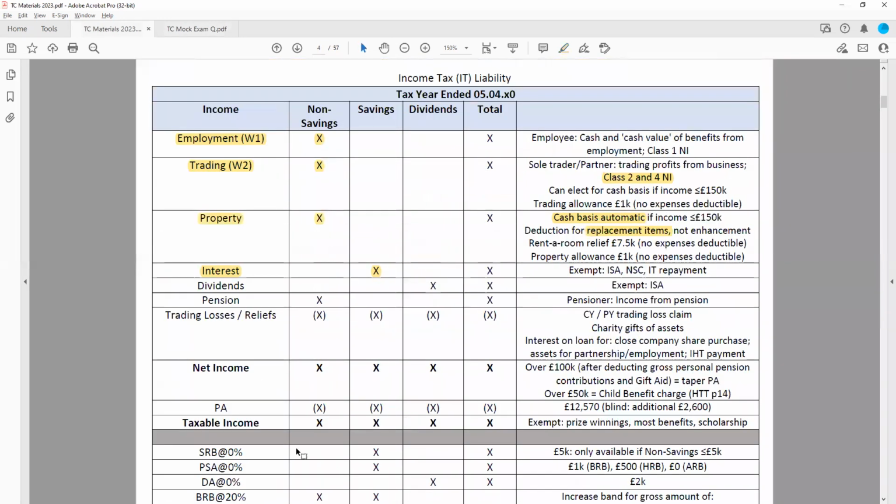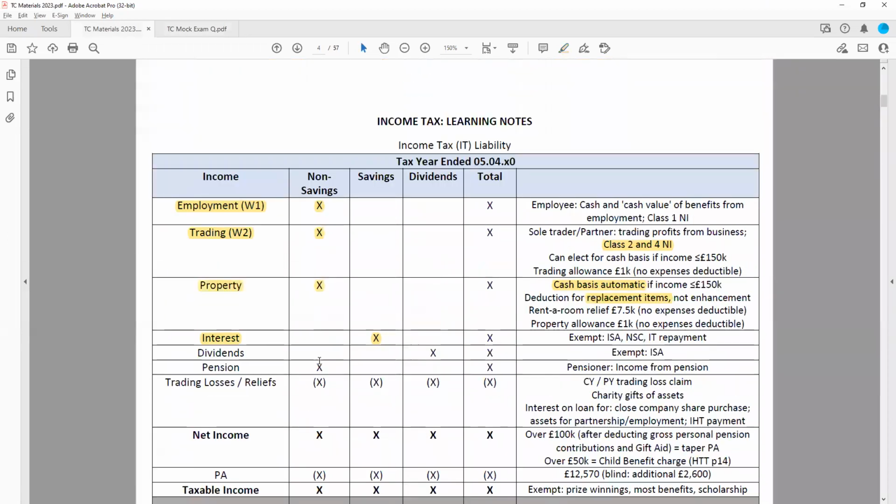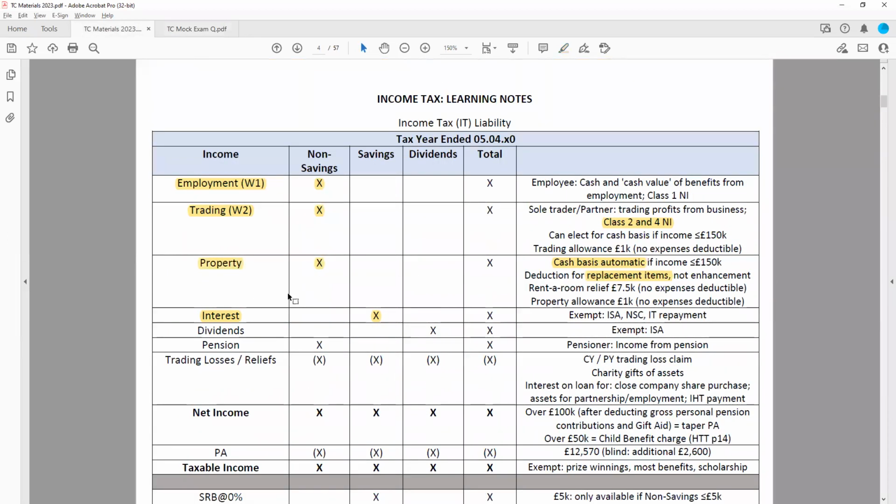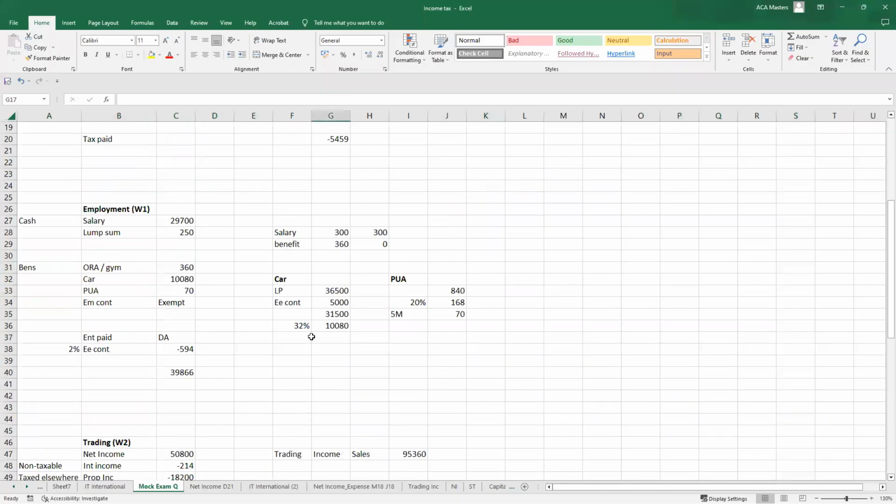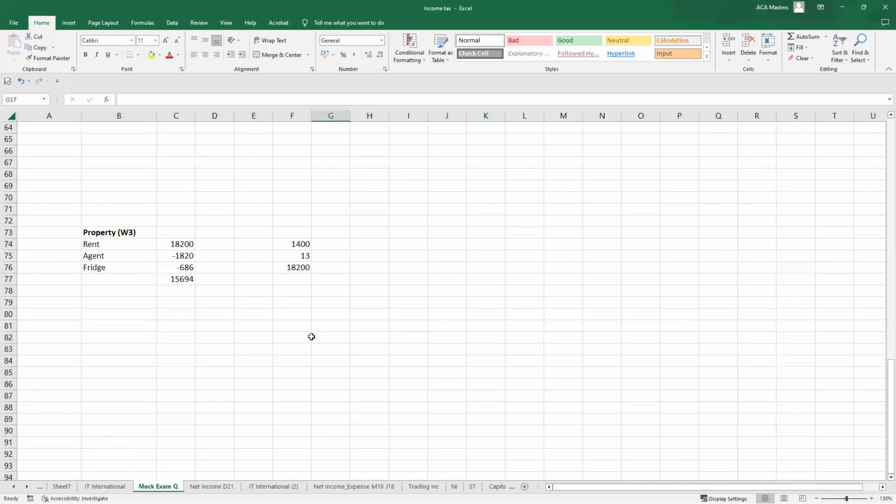So higher rate and additional rate taxpayers don't get additional benefit. Because if you're a higher rate or additional rate taxpayer, then every expense that you get to deduct is saving you tax at your highest rate of tax. If you're a basic rate taxpayer, every expense saves you tax at 20%.